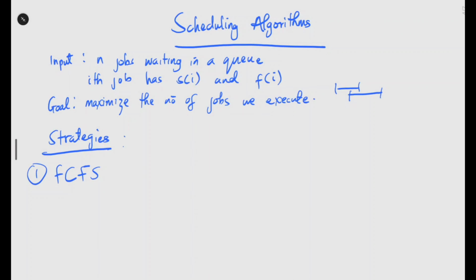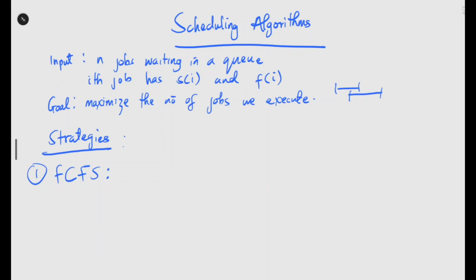We want to execute these jobs in the order in which they have been queued. For example, if we have job A, then job B, then job C, that is how we want to execute them. First come, first start.